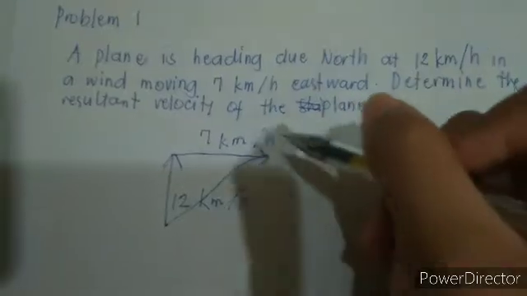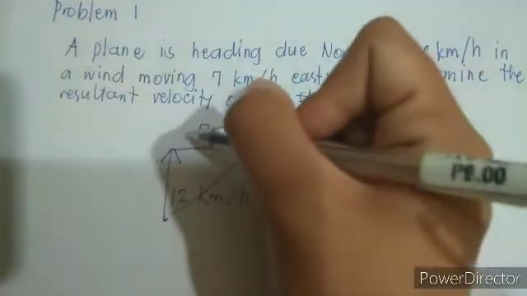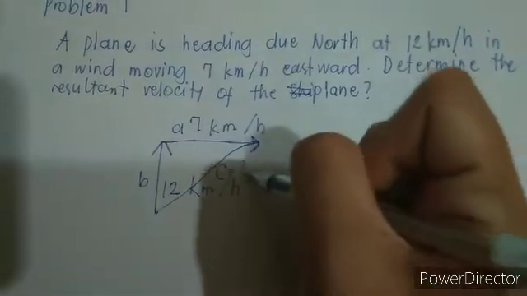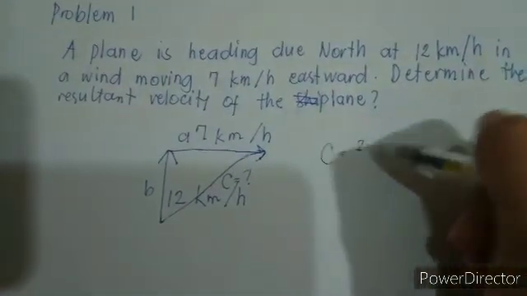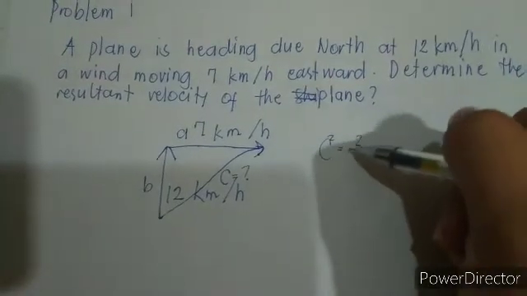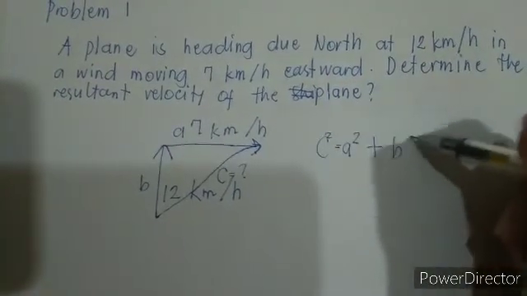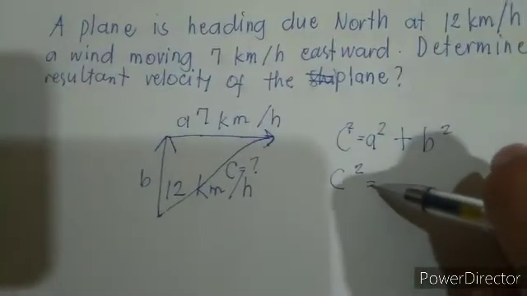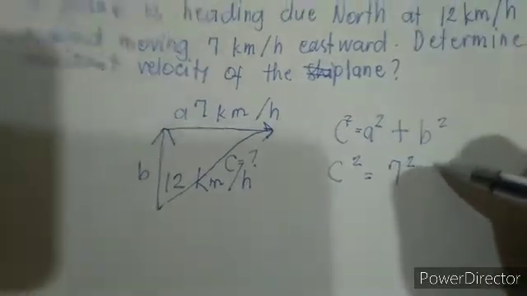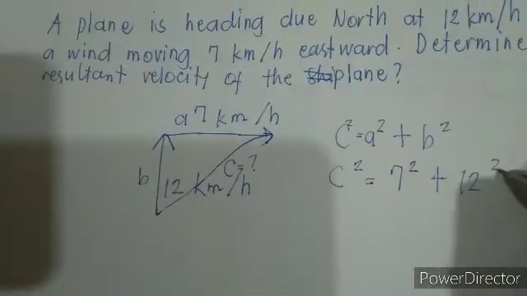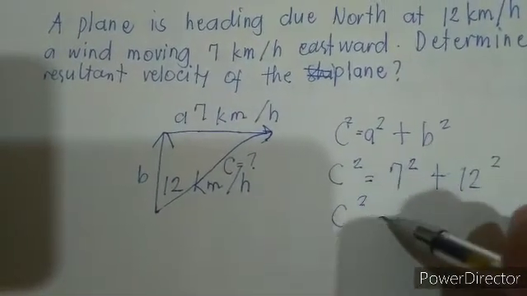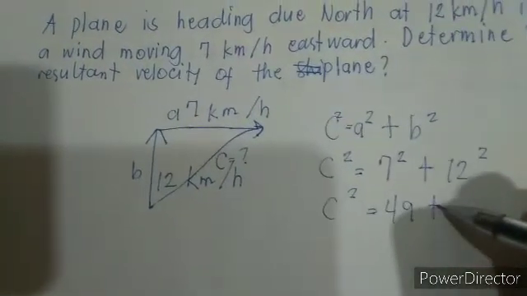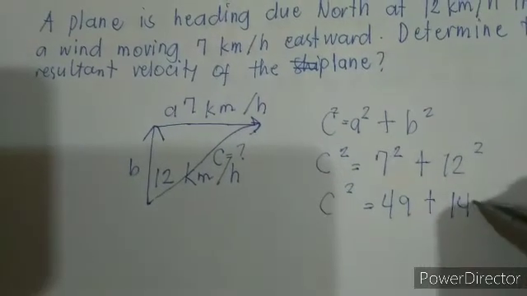So let's apply the Pythagorean theorem. So A here, B here, and C. So C squared equals A squared plus B squared, which is 7 squared plus 12 squared. So C squared is equal to 7 times 7 equals 49, and then plus 12 squared equals 144.